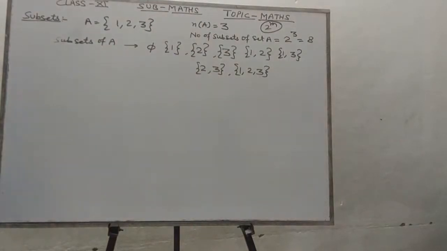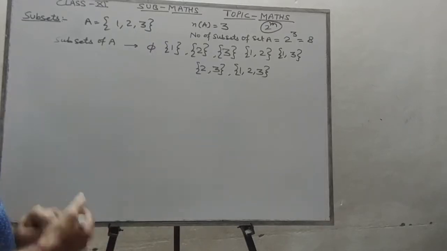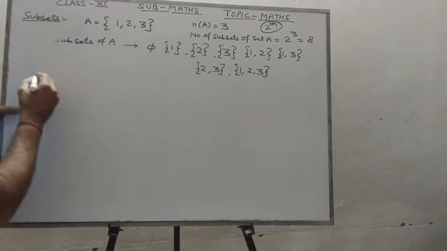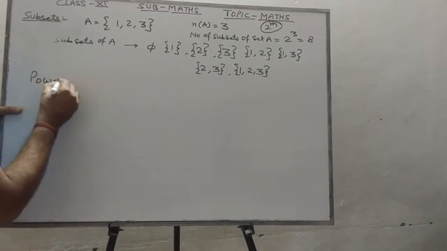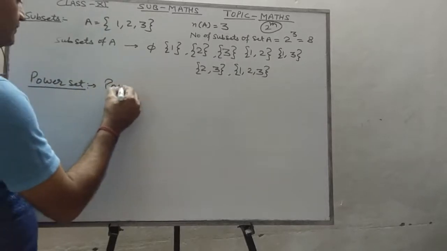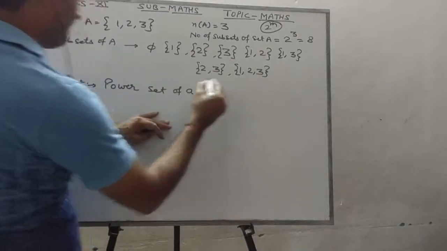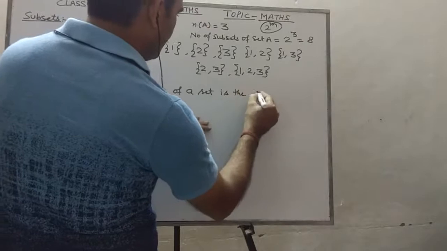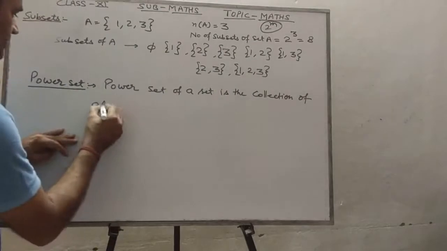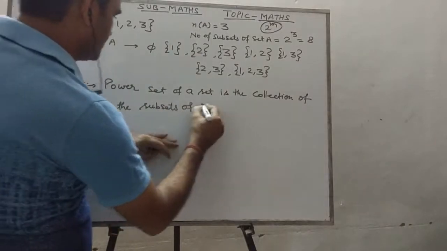Now, if we combine all these elements and make it a set, then it will become the power set of A. So let us understand what a power set is. The power set of a set is the collection of all the subsets of that set.